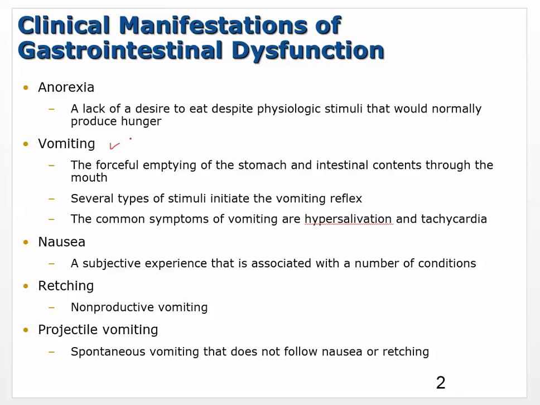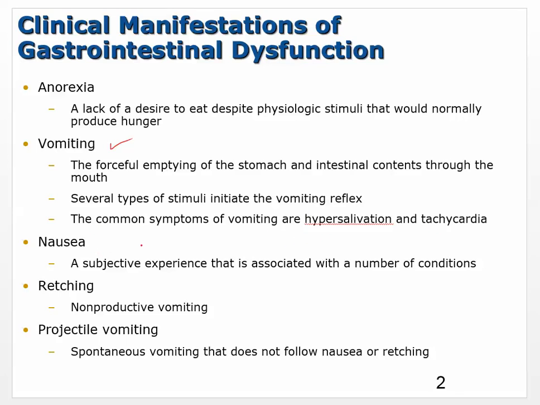Vomiting, I think we all know what vomiting is. We'll talk about it a little bit more, but that's the forceful emptying of the stomach and intestinal contents through the mouth. Lots of things can stimulate it, and common symptoms are hypersalivation and tachycardia.